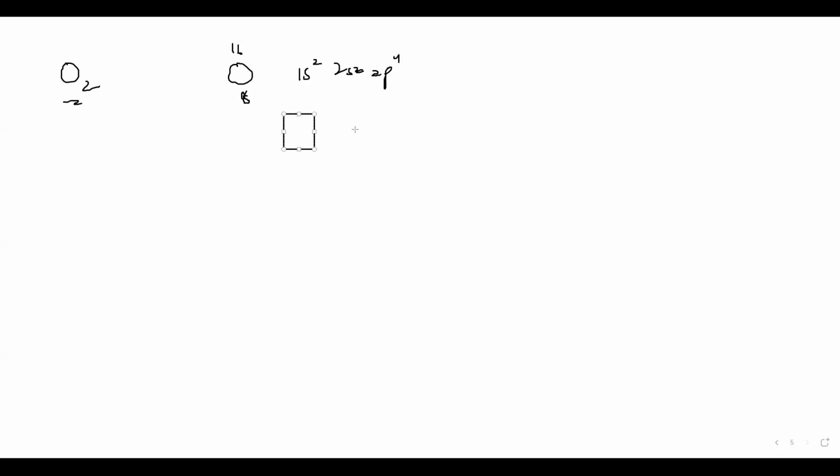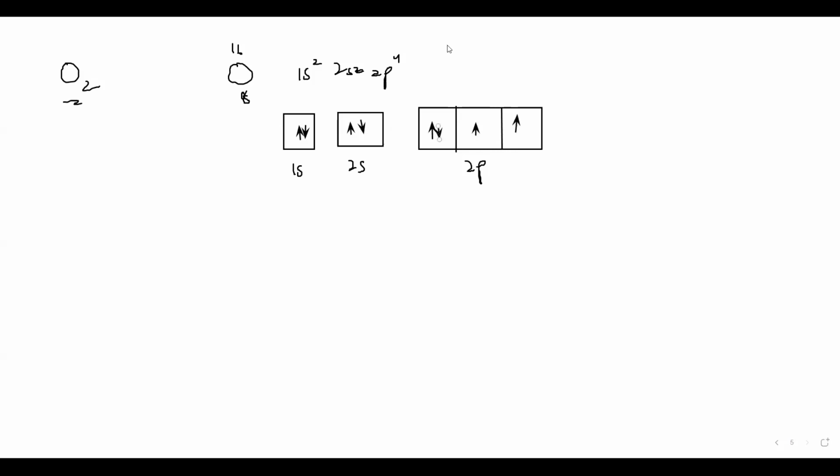When we represent the electrons in a box model for one oxygen atom, the p subshell is divided into 3 orbitals: 2px, 2py, and 2pz.